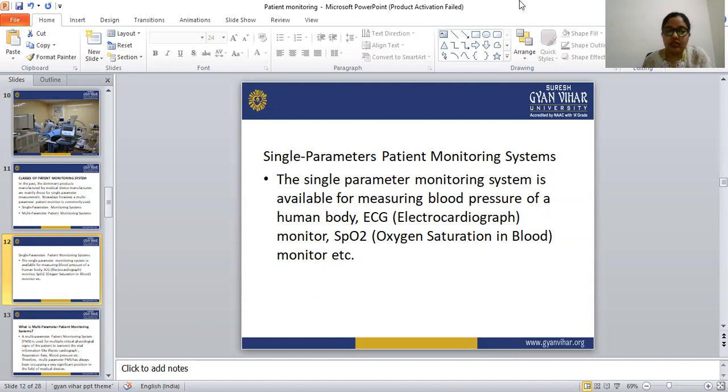And the patient monitoring system tracks the vital signs, physical status, and other factors. So there are lots of computerized systems, and the healthcare staff can watch all the parameters of the bedridden patient through them.